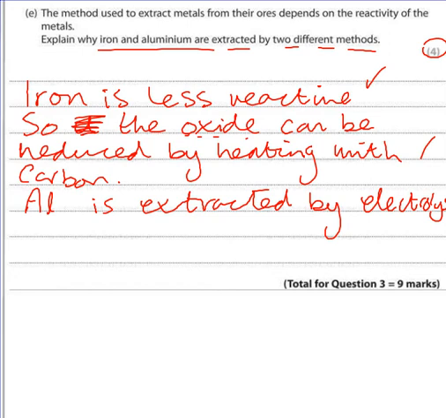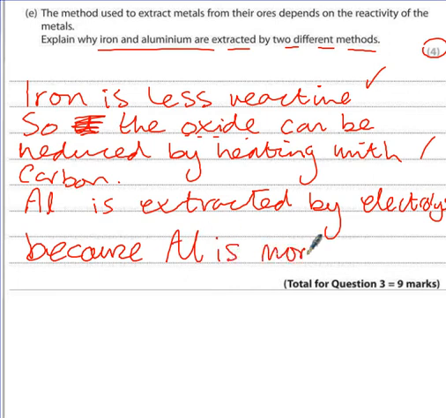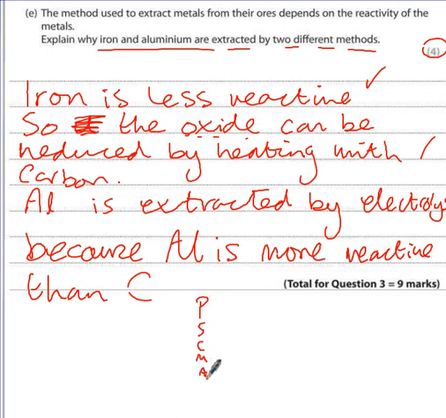The 4th mark is because aluminium is more reactive than carbon. So on the reactivity scale, if you remember, please send Charlie's monkeys and zebras in lead cages securely guarded, we would have iron, symbol Fe, and aluminium there.